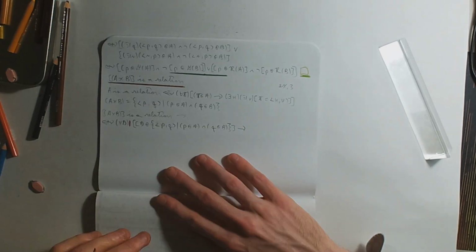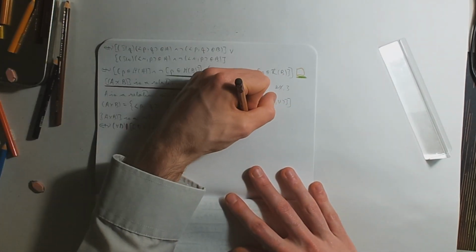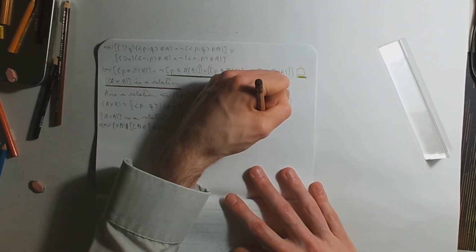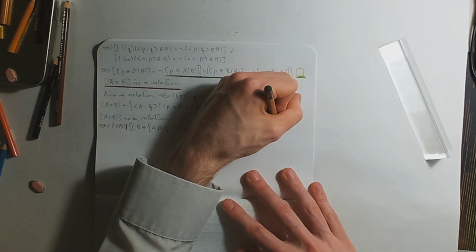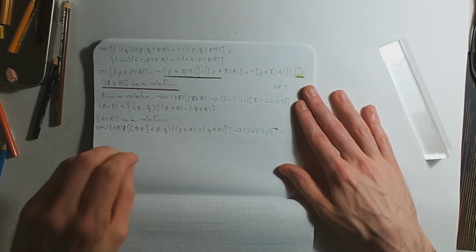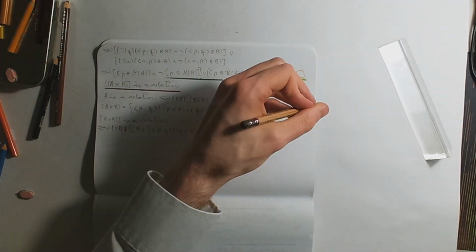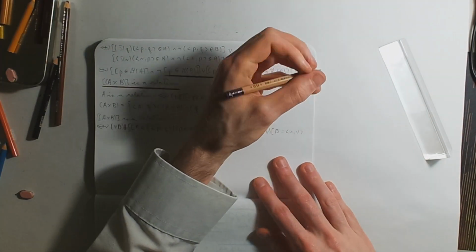Then there exists a U and there exists a V such that D is equal to the ordered pair UV.